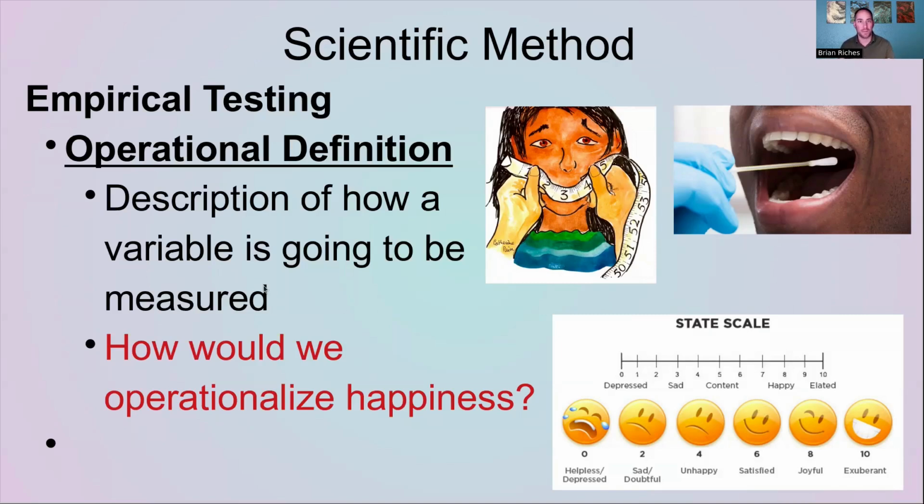An actor might not be happy at all, but might be acting very happy because they're an actor, right? So if you did something literally like this picture and actually measured someone's face, that would actually not be a good idea either because people's faces are different, different sizes, different shapes. Some people might be very happy, but their smile doesn't go as far as another person who's maybe not as happy. So there are limitations with each of our measurement tools.